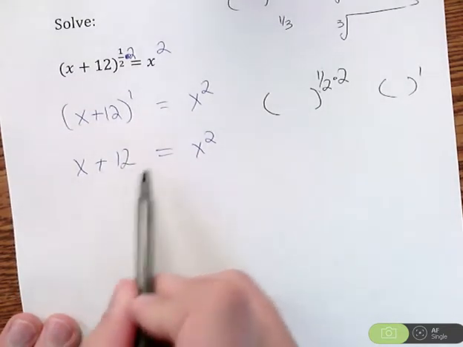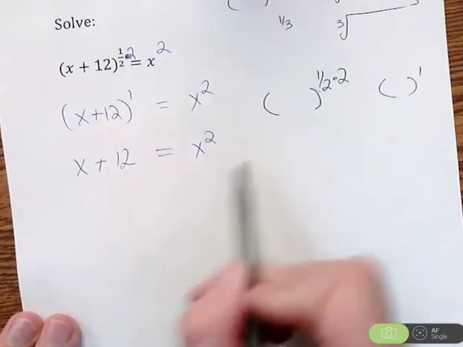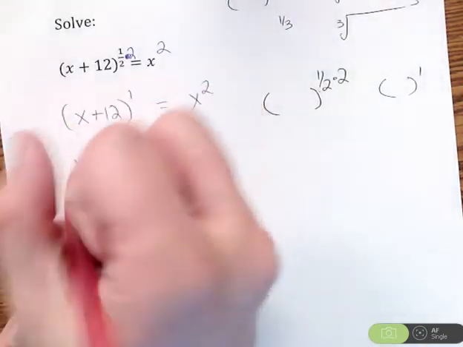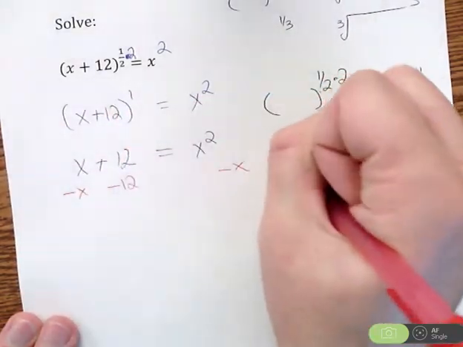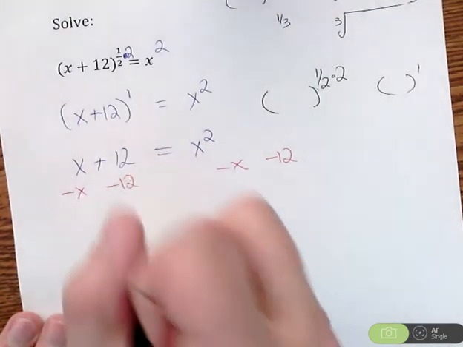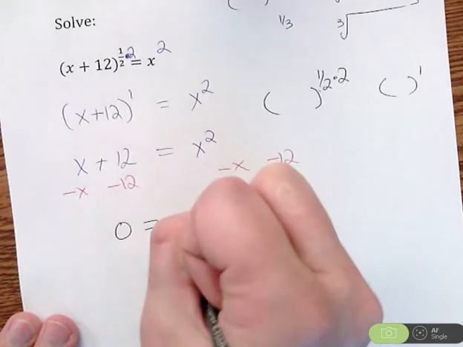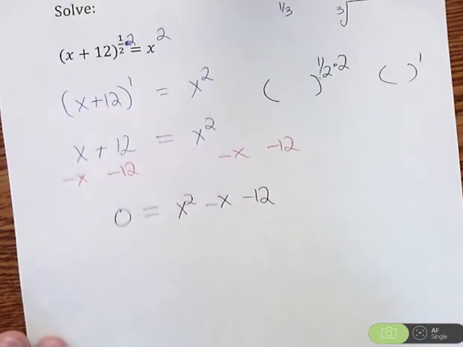So I'm going to move everything to the x squared side. I subtract the x from both sides, and subtract the 12 from both sides. I get 0 equals x squared minus x minus 12.